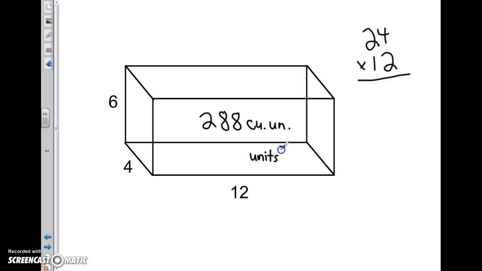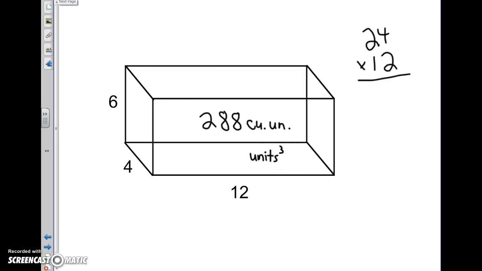And remember, the cubed is this little tiny 3, the exponent 3, because I'm multiplying 3 different factors, the 3 dimensions. So remember that when we're doing volume, we're finding a measurement of a 3-dimensional figure. So that might help you remember to put a little 3 up here for units cubed.